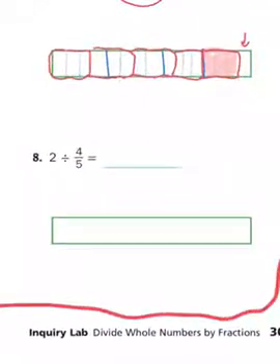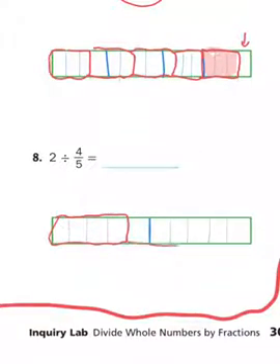All right, now it's time for 8. 2 divided by 4/5. So first off, let me split it into 2 wholes. And each whole gets split into 5ths. So let me do that here. All right, now I'm going to circle all my groups of 4/5. So let me switch to red. Here is one group of 4/5.